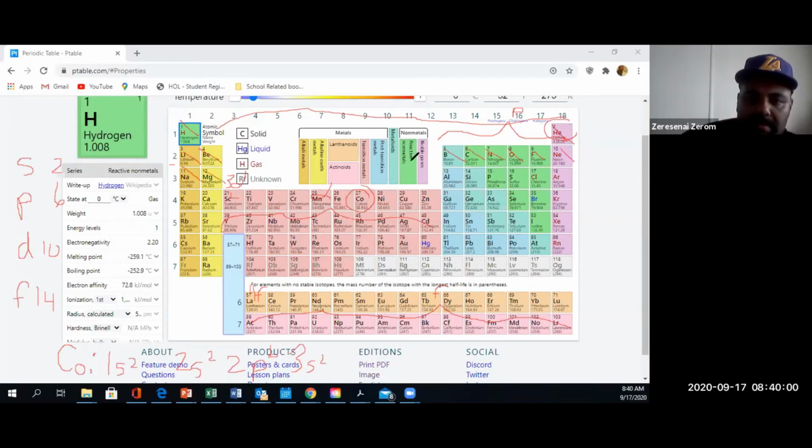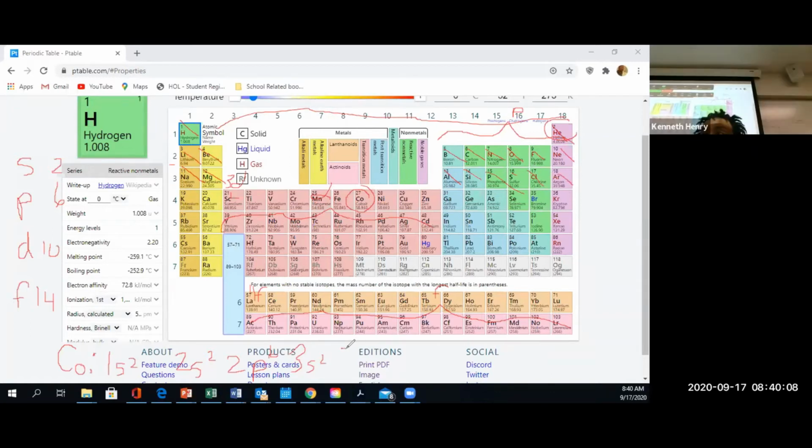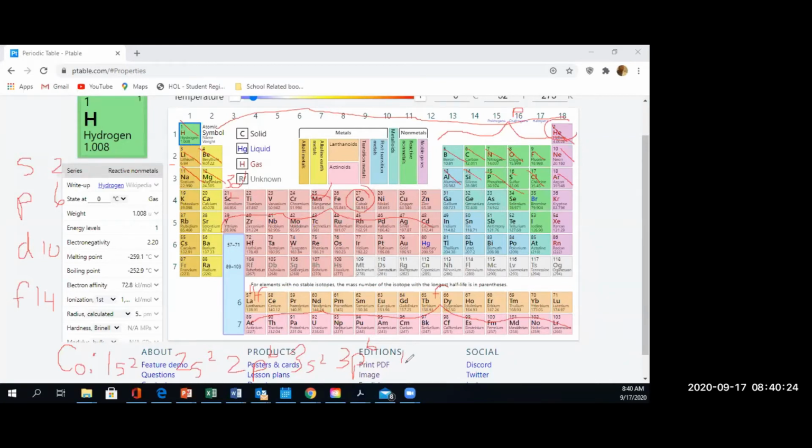I'm going to start making you guys write this and see how fast you write. Okay, and then we get to the 4s. How many do we have in the 4s? 2. 4s2.